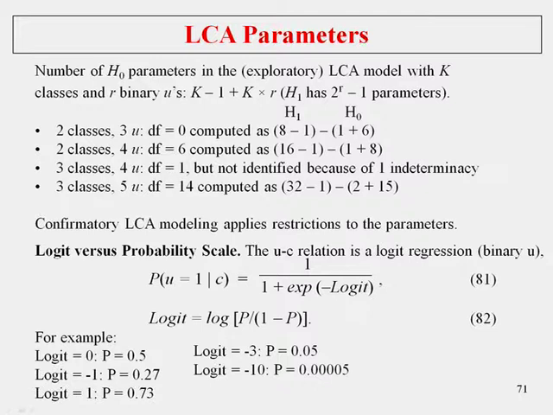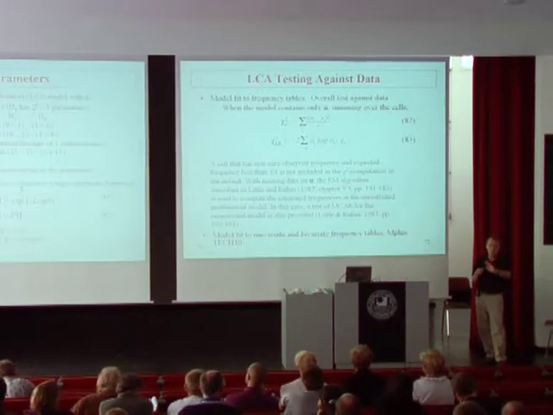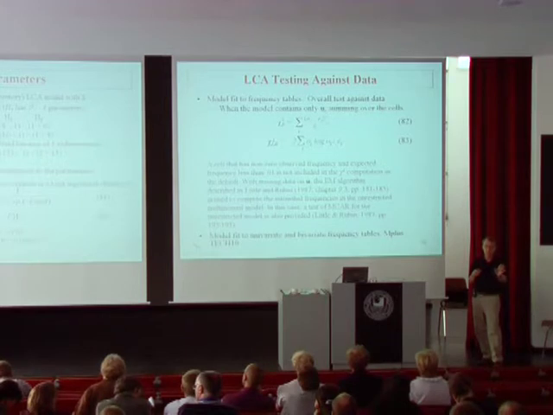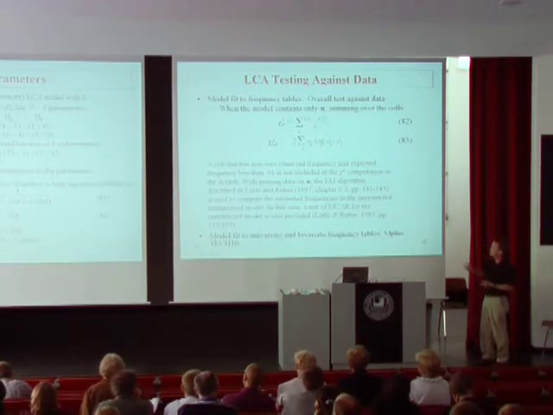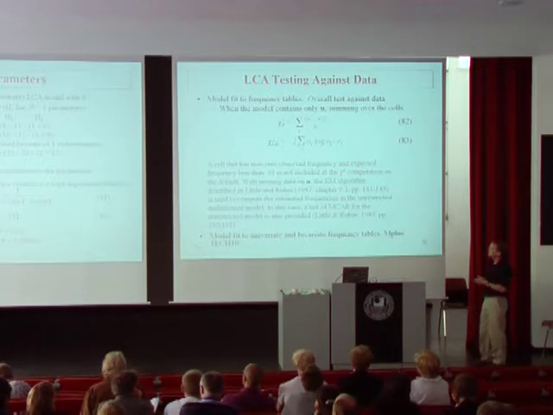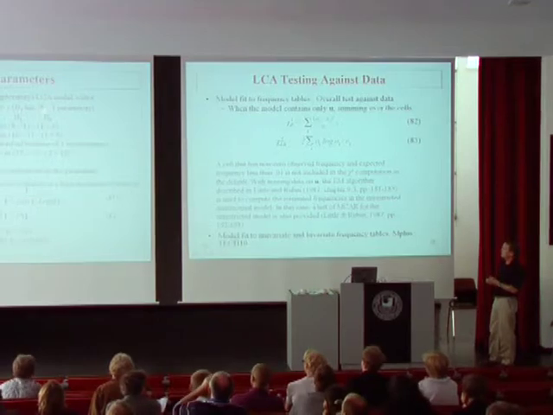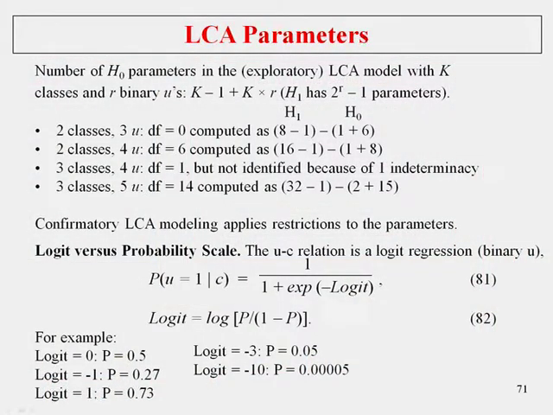So the multinomial distribution just describes the probabilities of those 4 cells. So for 4 cells, you need 3 parameters to make it totally unrestricted, right? That's the multinomial. So multinomial is sort of the categorical counterpart to the normal distribution for continuous. So with R binary variables, you get 2 to the power of R. So with 5 variables, you have 2 to the power of 5. How many are that?